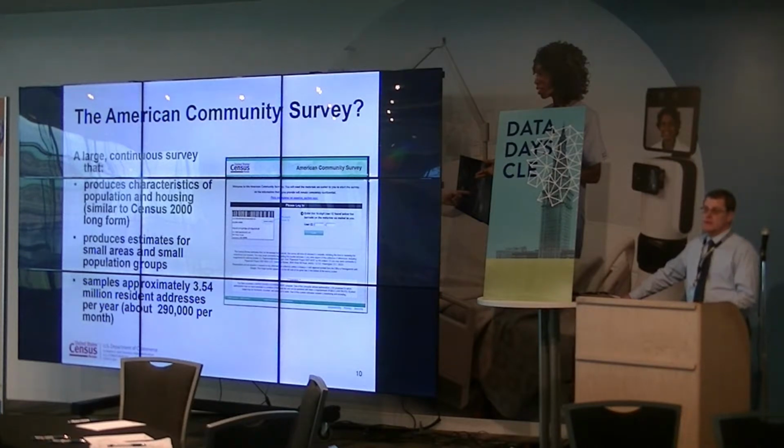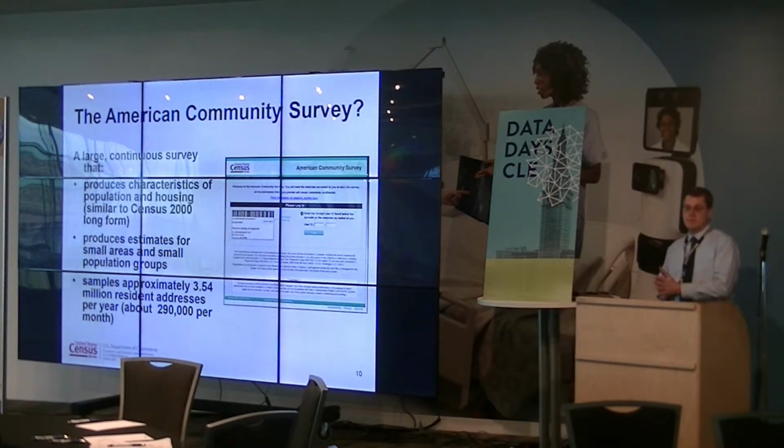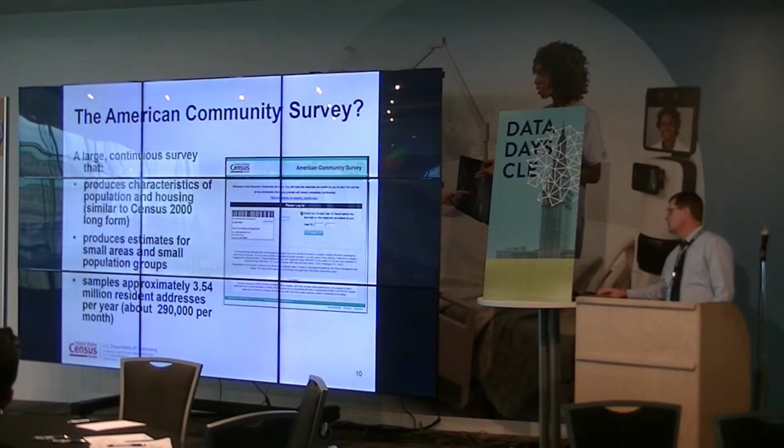If you don't fill it out and send it back, they will send you a reminder card with another one. The following month, if you have not done it, they will call you from one of our calling centers. Then, if you don't respond to the calls, the following month, they'll send someone to personally visit your house. So it has a very high, upwards of a 98% response rate. And it is mandatory.